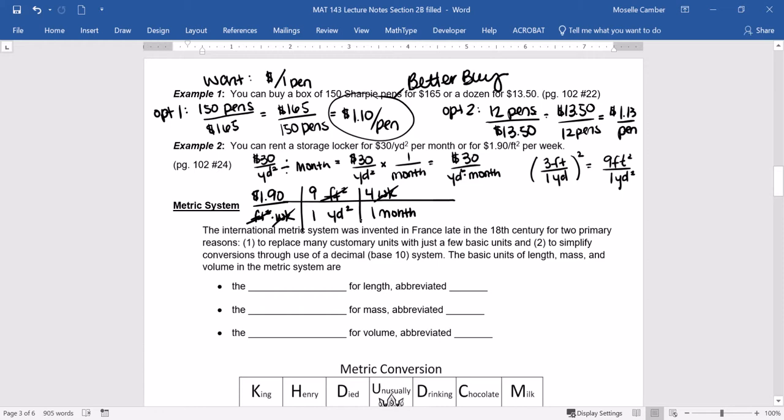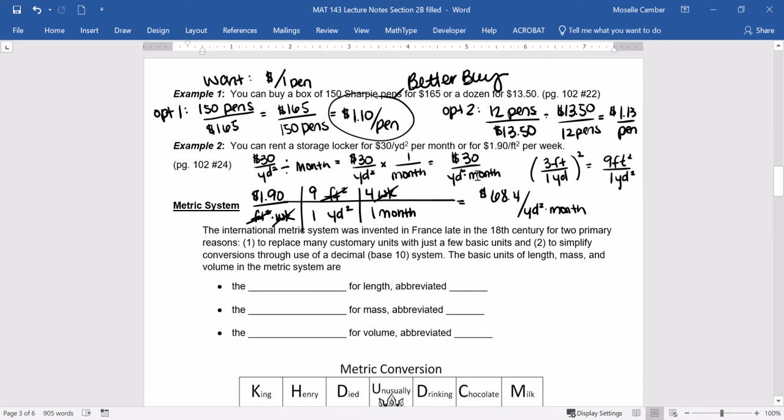We only have yards squared and months in the denominator, which is what we want. So I can go ahead and multiply here. So $1.90 times 9 times 4 to get 68.4 per square yard per month.